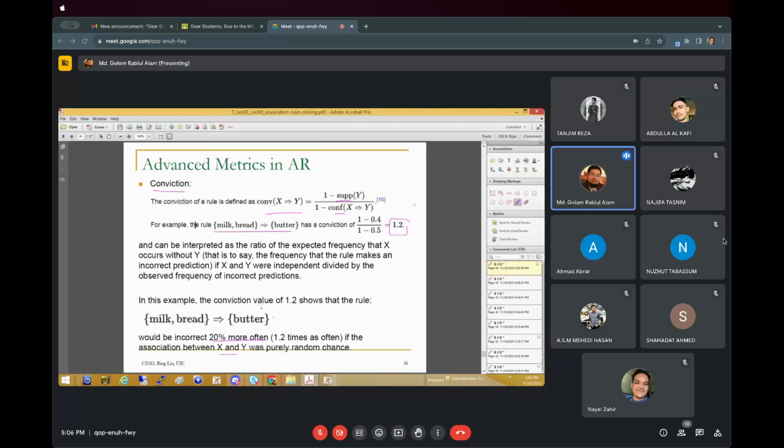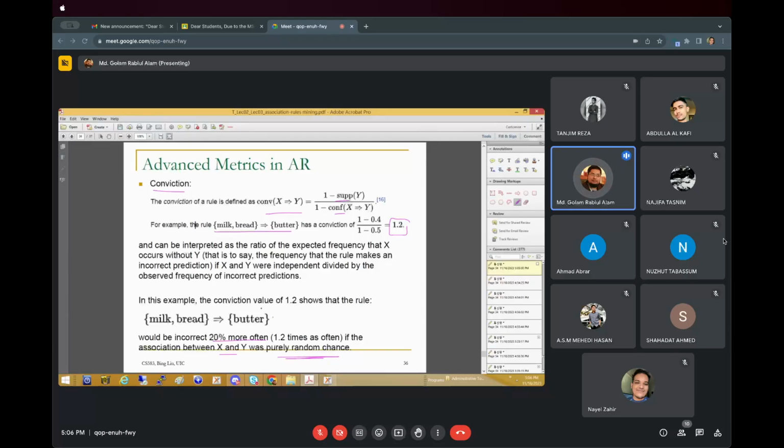That means if we select x and y items randomly, with no correlation, as if users purchase those items without any association between them, then the rule would be incorrect 20% more often. That's what the conviction tells us.